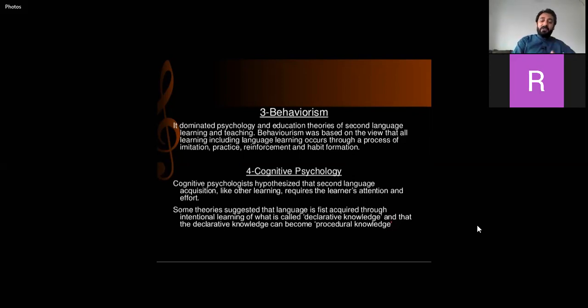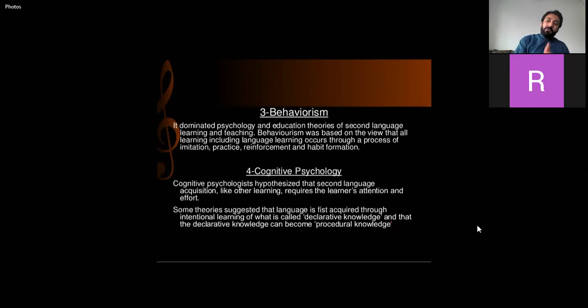But in second language acquisition, he says that a second language can only be acquired by practice, imitation, reinforcement, and habit formation. The child learns by imitating the native speaker, and then he practices again and again. He may make mistakes, but with the passage of time, he corrects himself.